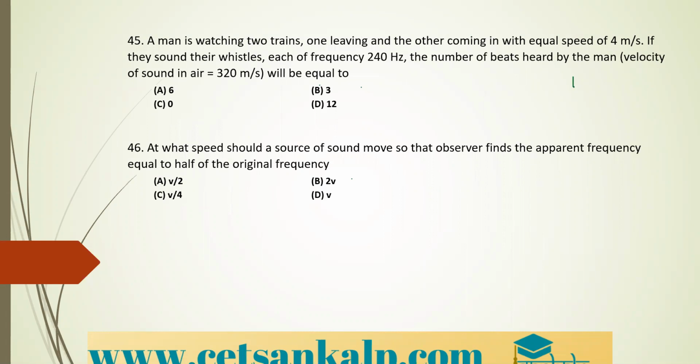If they sound their whistles, each of frequency 240 hertz, the number of beats heard by the man will be equal to. He is watching two trains, one is leaving and another one is coming, both with the same speed, 4 meter per second. We need to calculate the number of beats here.